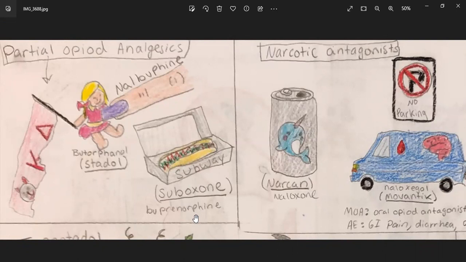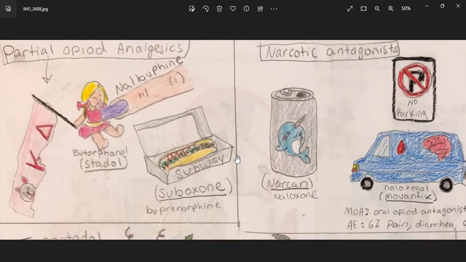And then Suboxone, like I said, is buprenorphine plus naloxone or Narcan. So this is a narwhal on a can for Narcan. And this is also a partial opioid agonist.